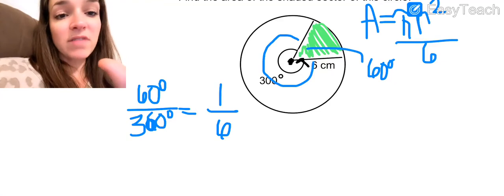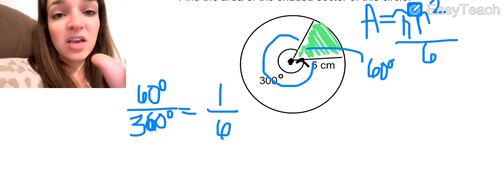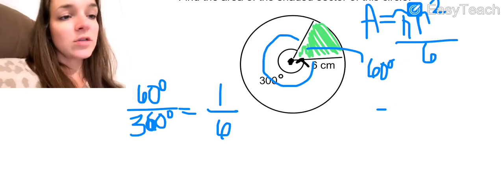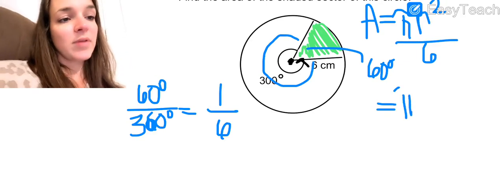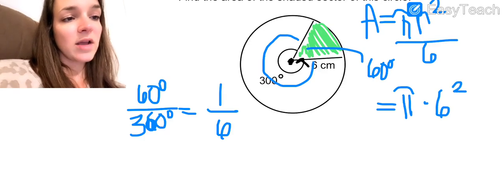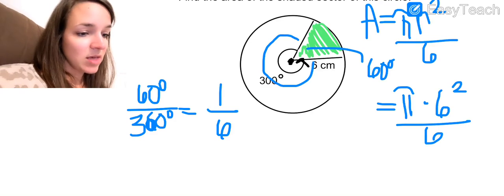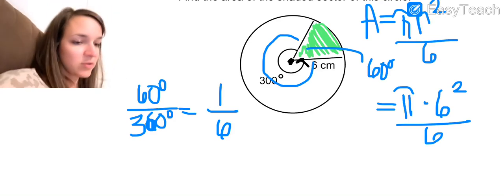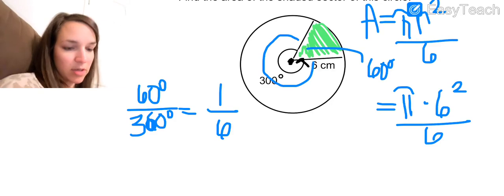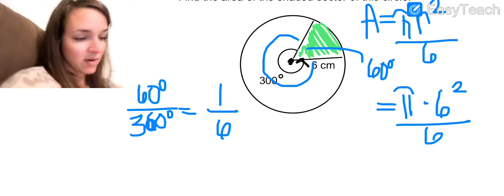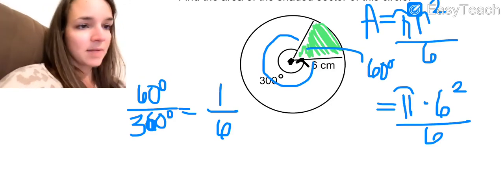Okay, and again, that's based on the fact that I know the angle measurement of the whole circle is always 360 degrees. So let's plug in what else we know. We know pi times the radius is 6, so 6 squared divided by 6. So that's going to end up giving me... Let me flip to where I can see the numbers because I'm not actually calculating it right now, just to save us a little bit of time.